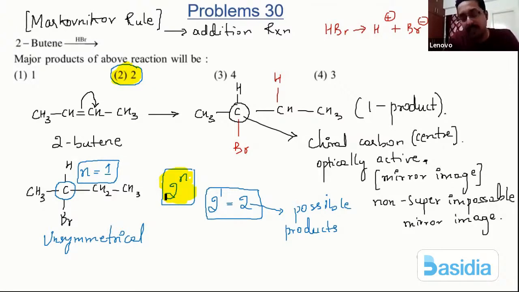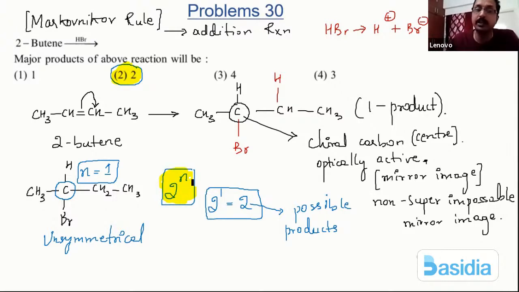So for calculating stereoisomers, there is a different formula for unsymmetrical and a different formula for symmetrical. Here the molecule is unsymmetrical, so it is very simple: 2 raised to N.